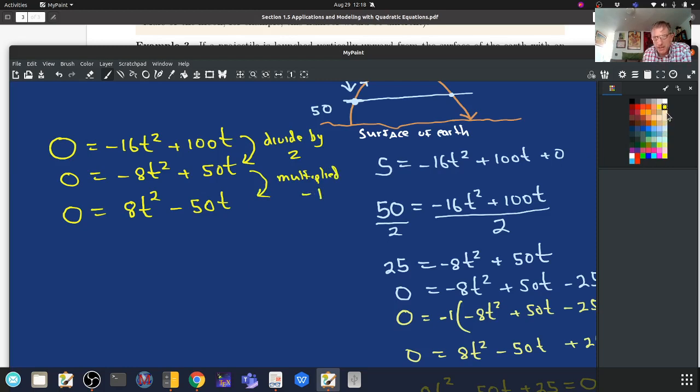So now I'm ready to do something. What is the greatest common factor of these two terms? Well, 8 and 50, oh, I can go even further, right? 16 divided by 2, oh, I can go even further, sorry. 4t squared minus 25t is equal to 0. I should have divided by 4 because the GCF turned out to be 4, not 2.